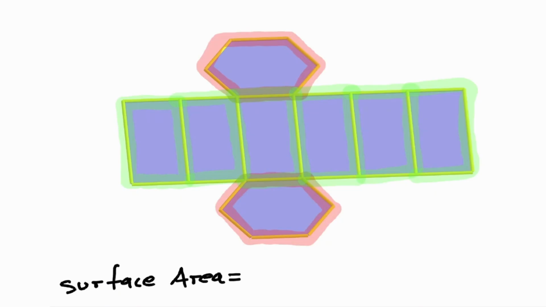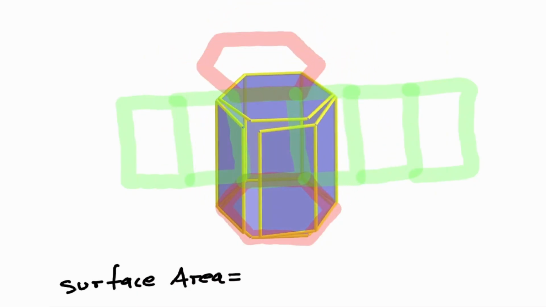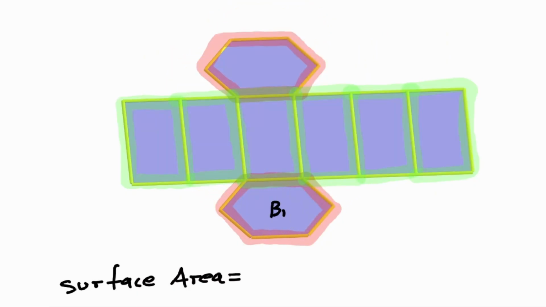The sections highlighted in red were the bases of the original prism, and they are congruent. So the addition of those two bases is the same as doubling just the area of the bottom base.